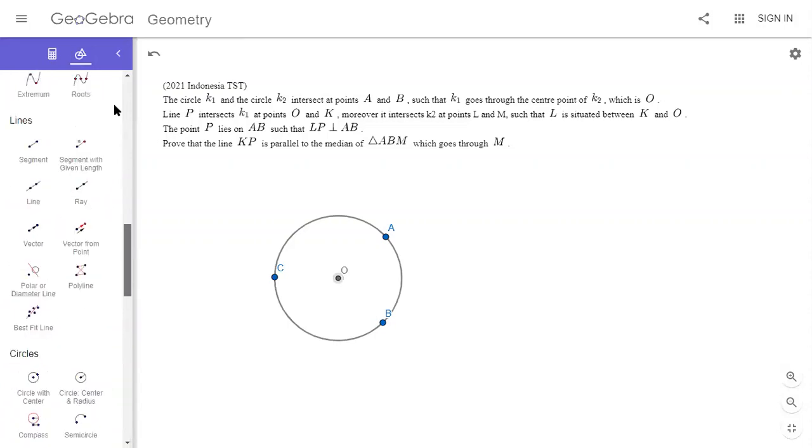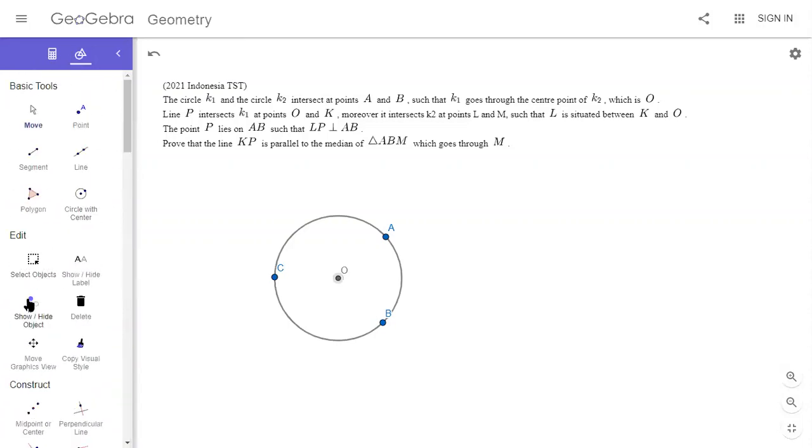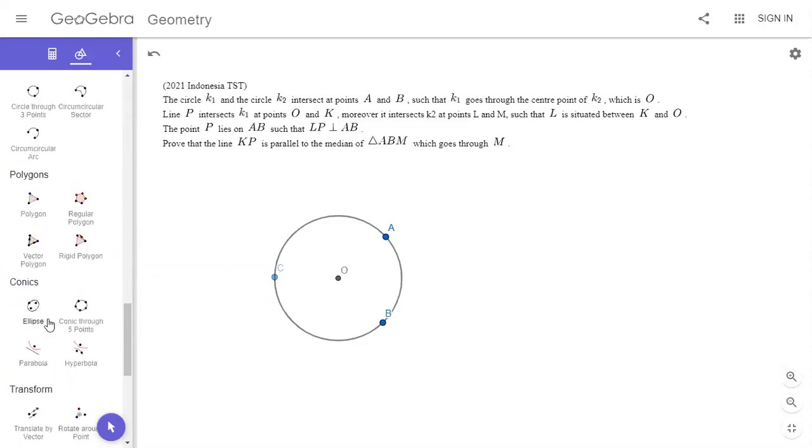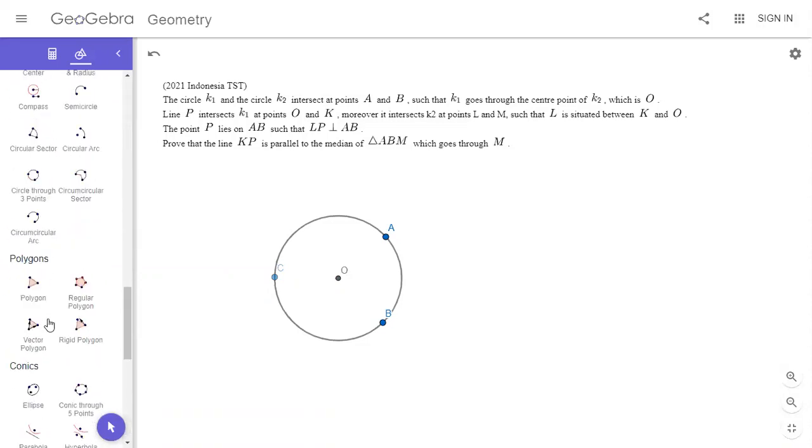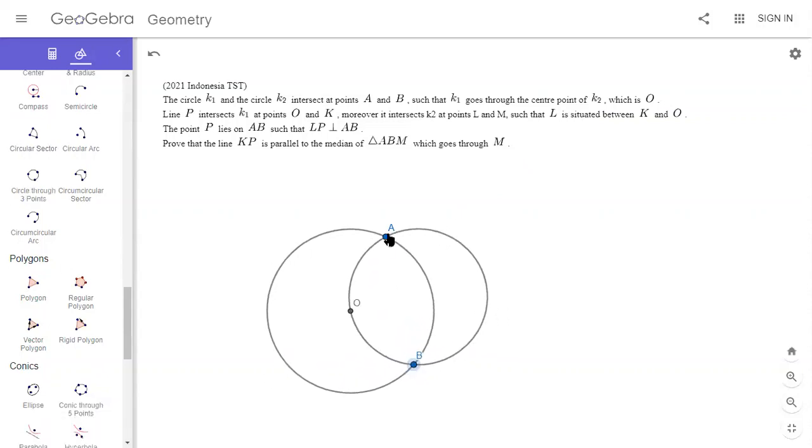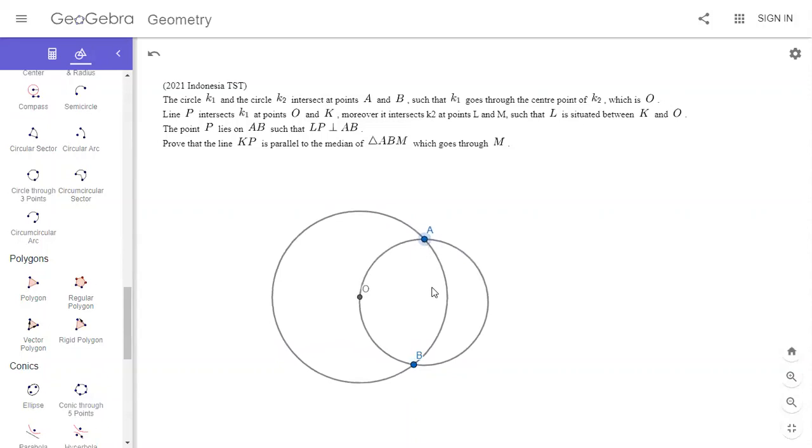I can hide point C. And then I will draw the circumcircle of AOB. That would be the other circle. All right, so K1 is the smaller circle. Maybe I can make this a little bit bigger. This smaller circle is K1.